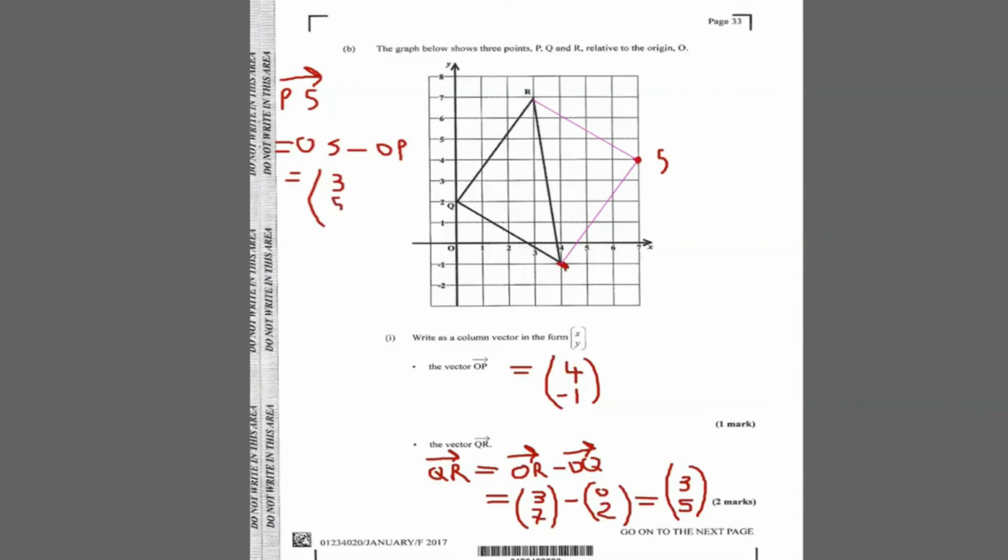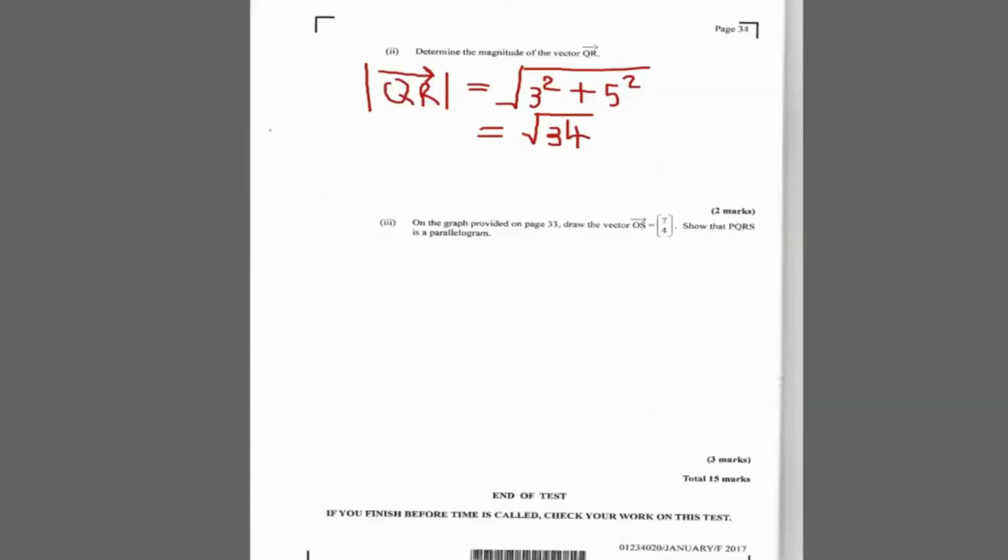So PS is 3, 5, and QR is 3, 5. So we can write that down that vector PS is equal to vector QR, which is good. So that's the first one shown.